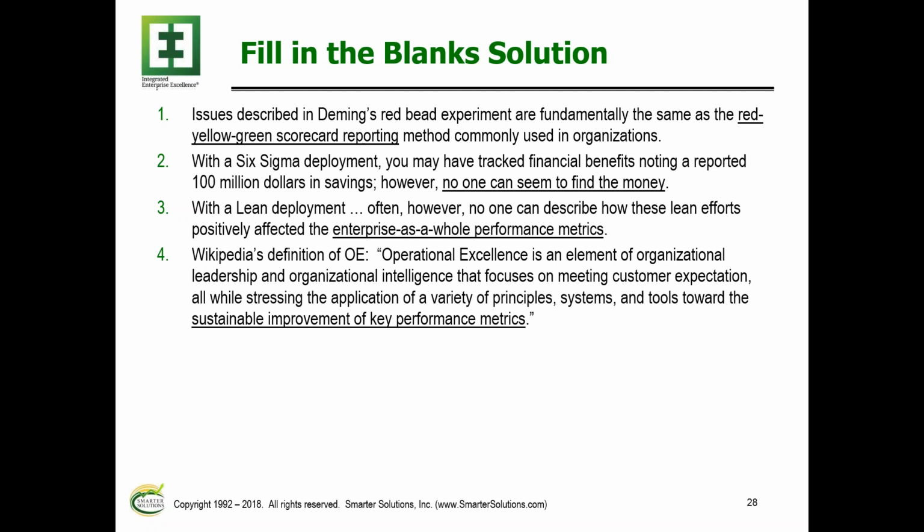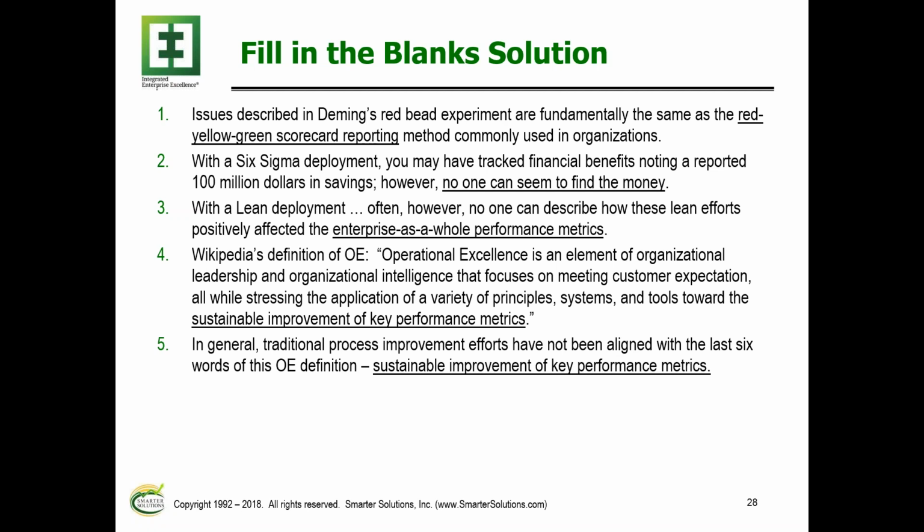Wikipedia's operational excellence definition talks about tools towards sustainable improvement of key performance metrics. In general, Lean Six Sigma deployments and other process improvement efforts have not really focused on sustainable improvement of key performance metrics.